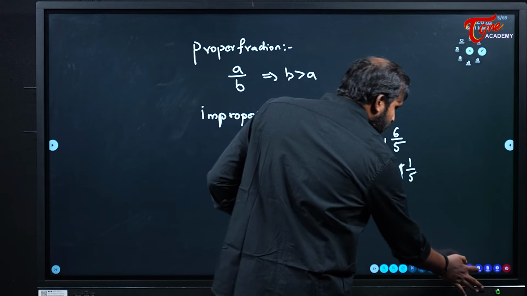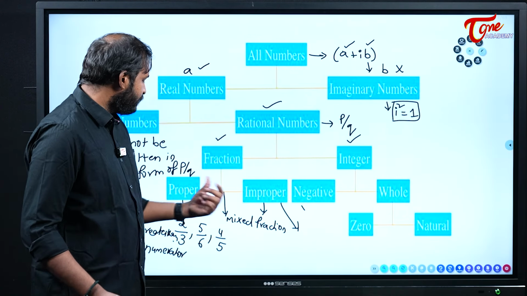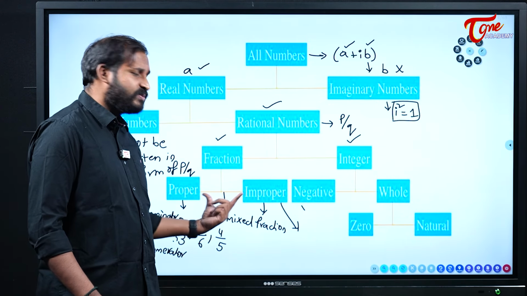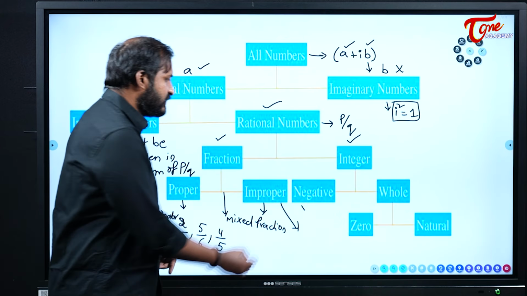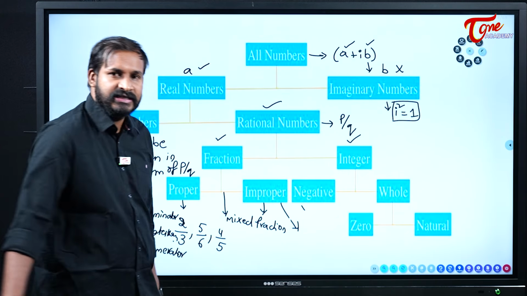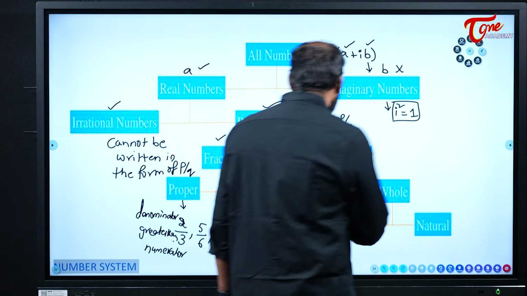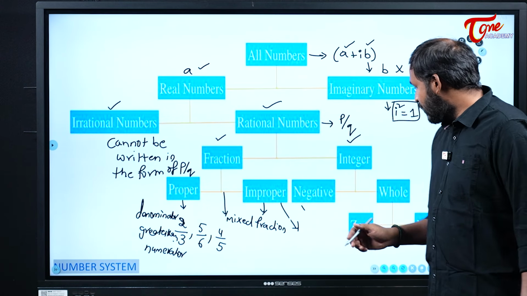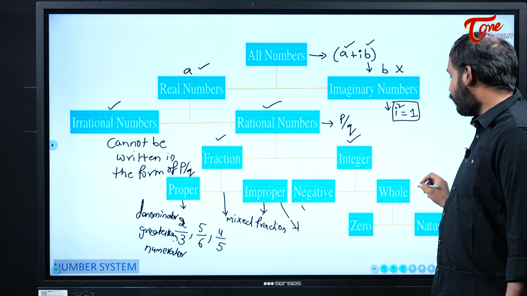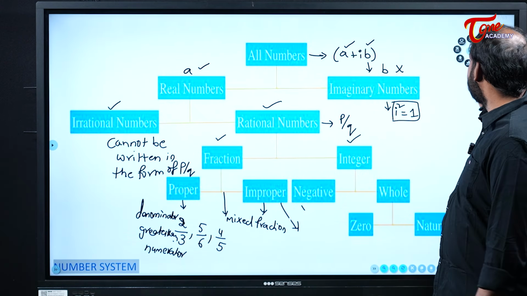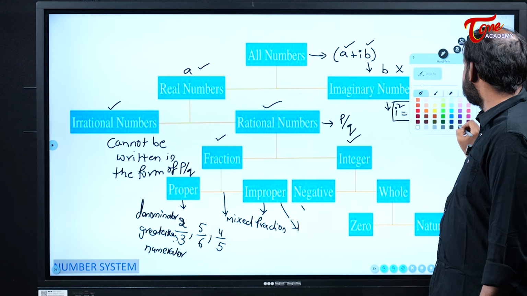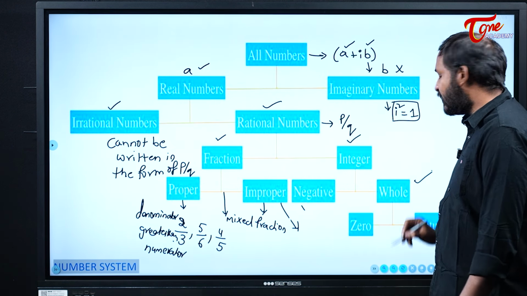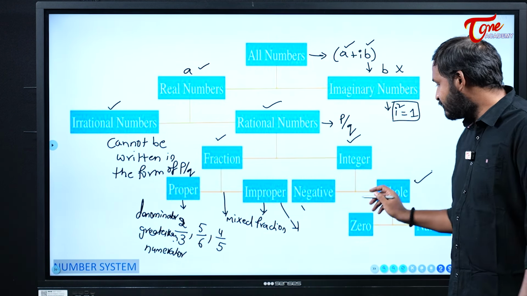Now, we will go back to our previous one. As we just discussed proper, improper and mixed fractions, next, when it comes to integers, we have negative integers as well as whole numbers.